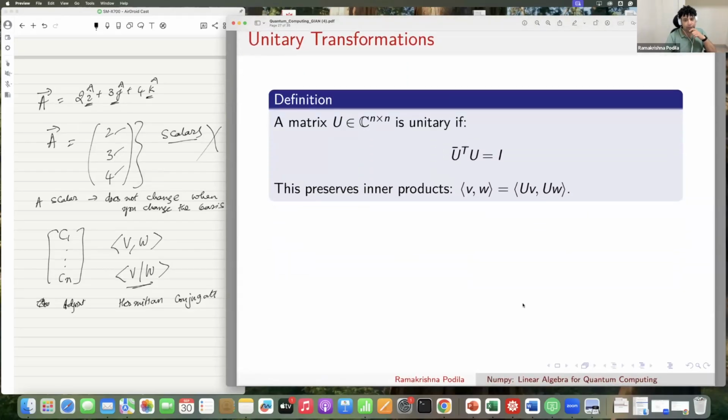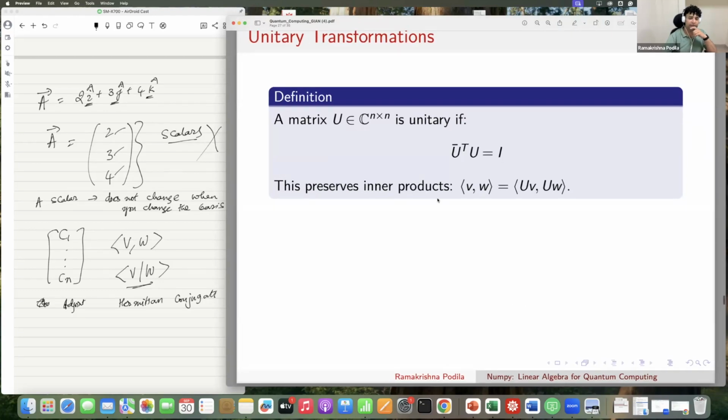We briefly touched upon a unitary matrix. Unitary matrices are very important for us because when the Hamiltonian is time independent, we can use the unitary matrix to look at how the quantum state evolves. A unitary matrix is defined such that U dagger, or U bar, the complex conjugate transpose, is equal to U inverse, or U dagger U is 1.